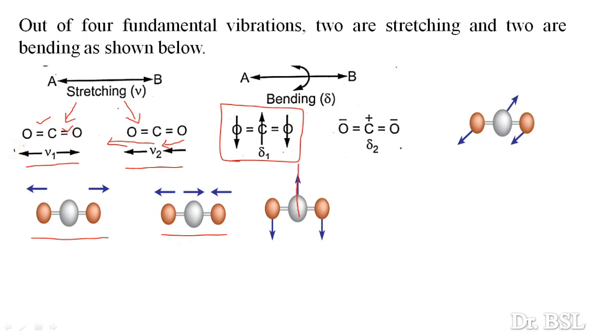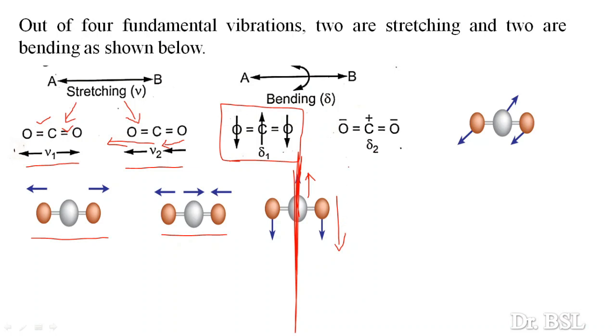The carbon vibrates in this line, so it goes to this side and this side, and similarly two oxygens also vibrate in the same plane of the screen but in the opposite direction of the carbon. When carbon goes to this direction, two oxygens will go to the opposite direction and vice versa.